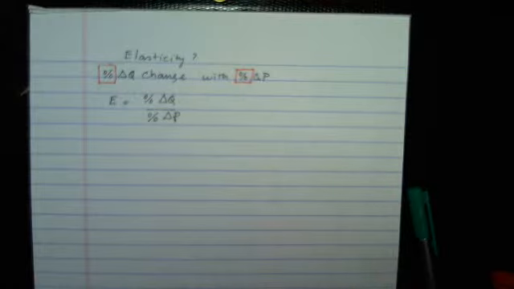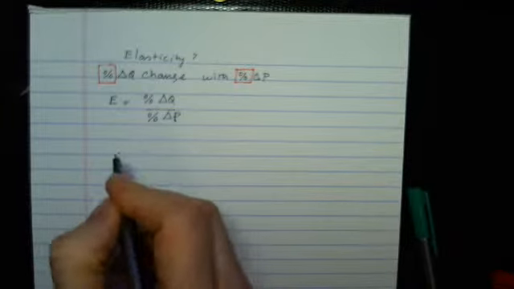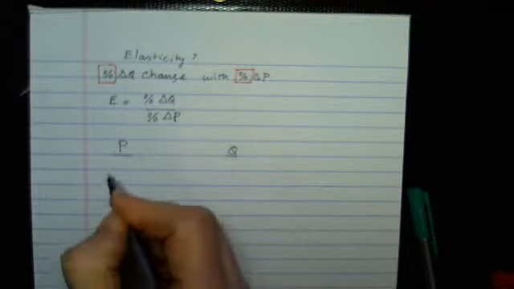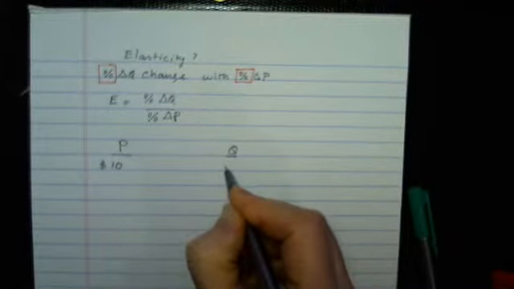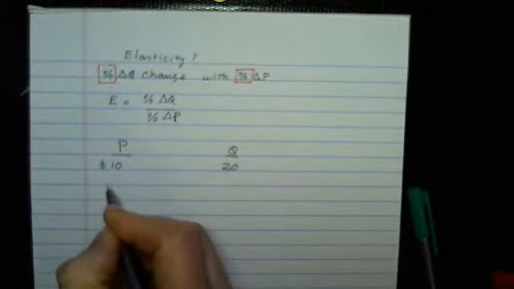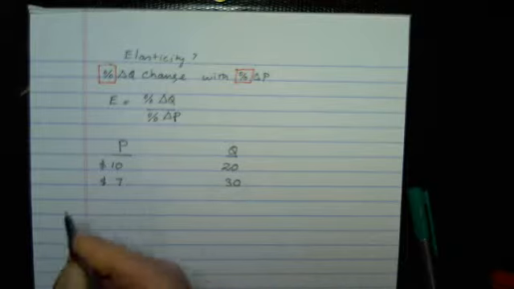So to understand elasticity slightly better, let's work through a sample problem. Let's say there is a price column and a quantity column. Let's say there is a $10 price posted and 20 apples are sold. If the price is dropped to $7, people buy more apples, so 30 apples.